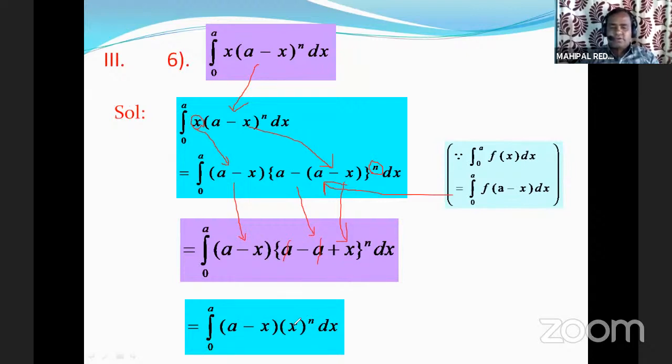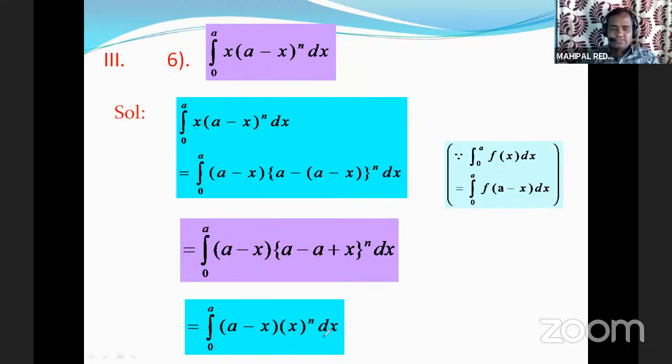Now this x power n multiplied with a. What becomes now? A into x power n. And this x power n is multiplied with x. It becomes now x power n plus 1.